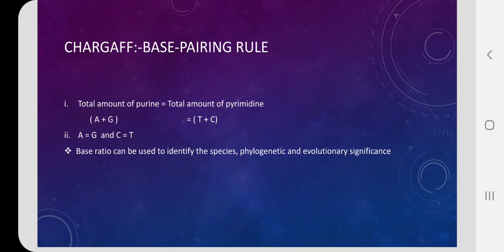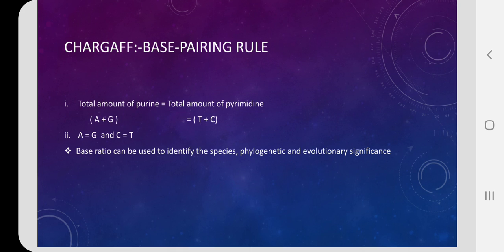T and C equals G, and the base ratio A plus T is constant for a species, but it varies from one species to another. Therefore, this ratio can be used to identify a particular species and also to study phylogenetic relationships and evolutionary significance in modern biology.